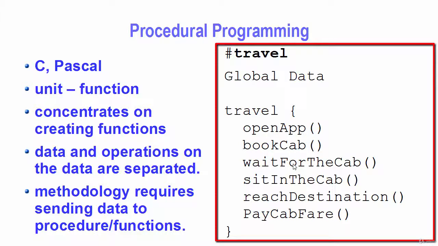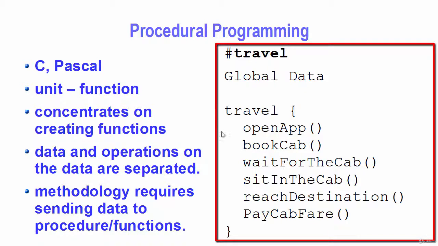Once the cab arrives, he will sit in the cab, and then he will reach his or her destination, and at the end he will pay the fare of the cab.